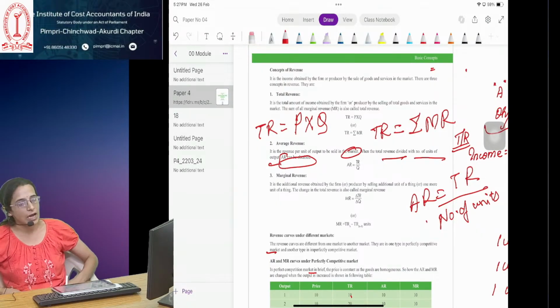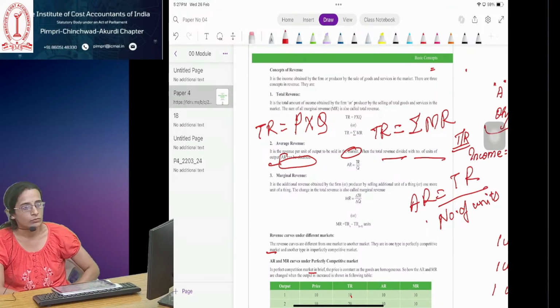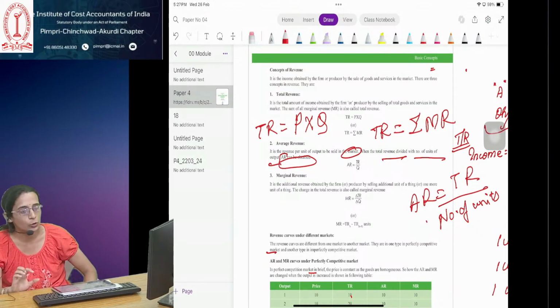Now Piyush, tell me marginal revenue. Marginal utility we saw, marginal cost we saw, marginal product we saw. What is marginal revenue? The change or addition in the revenue due to the change in the quantity. So what formulas will be there for marginal revenue?